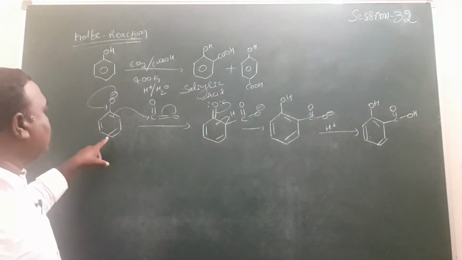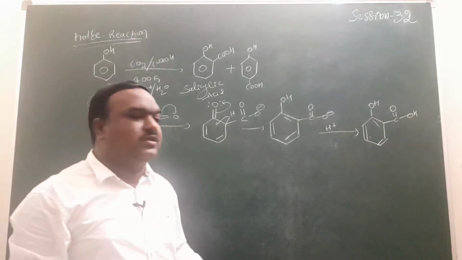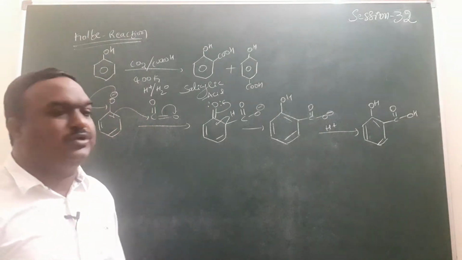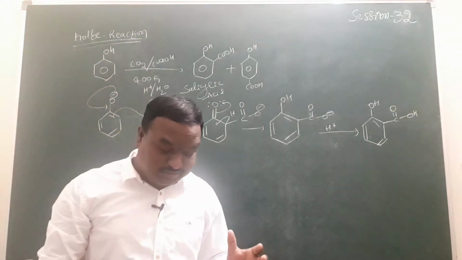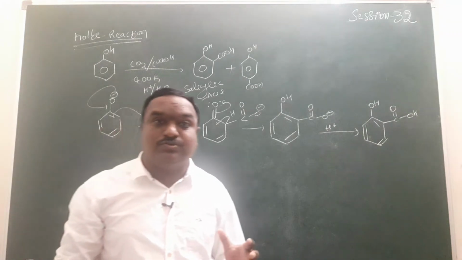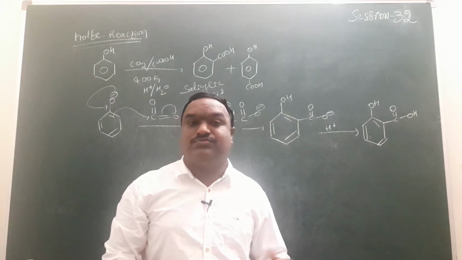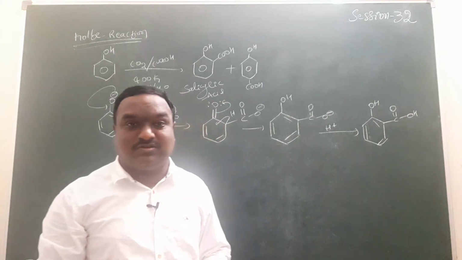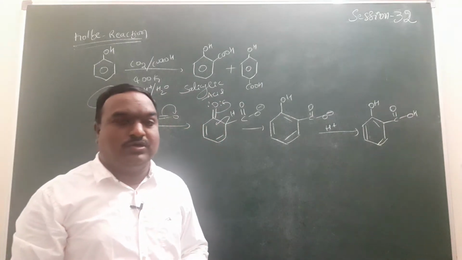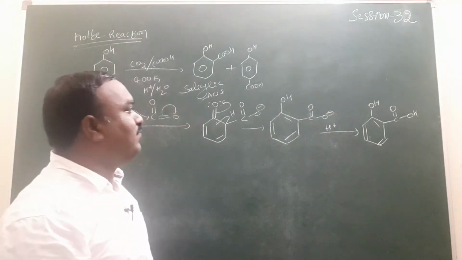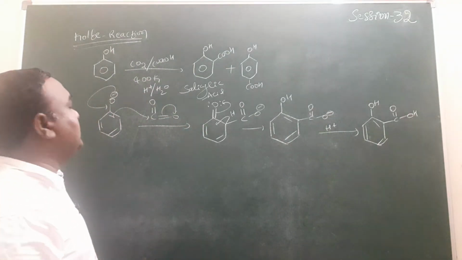If the attacking position is para, then para-hydroxybenzoic acid is formed. Why? Because according to IUPAC nomenclature rules, the first priority is given to the carboxylic group. That's why it is generally called para-hydroxybenzoic acid. So this is the way to form the product in the Kolbe reaction.